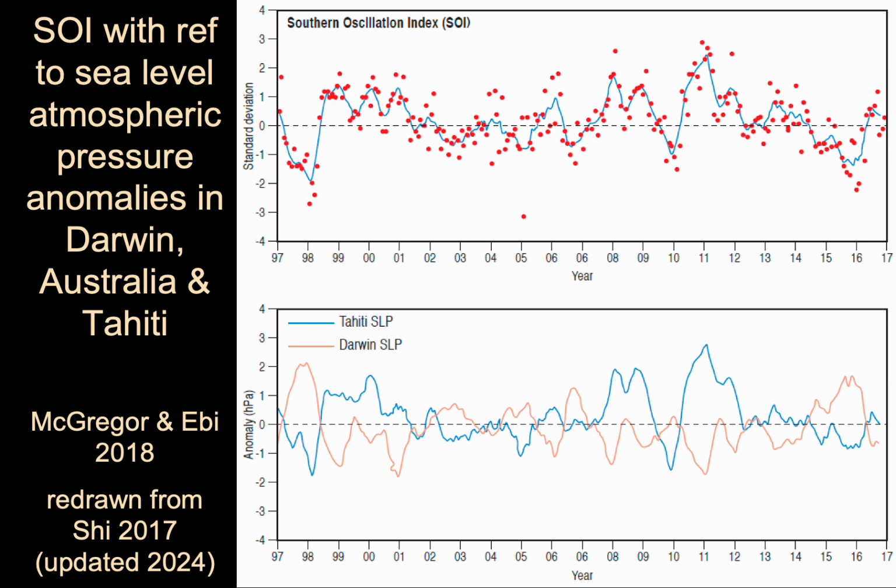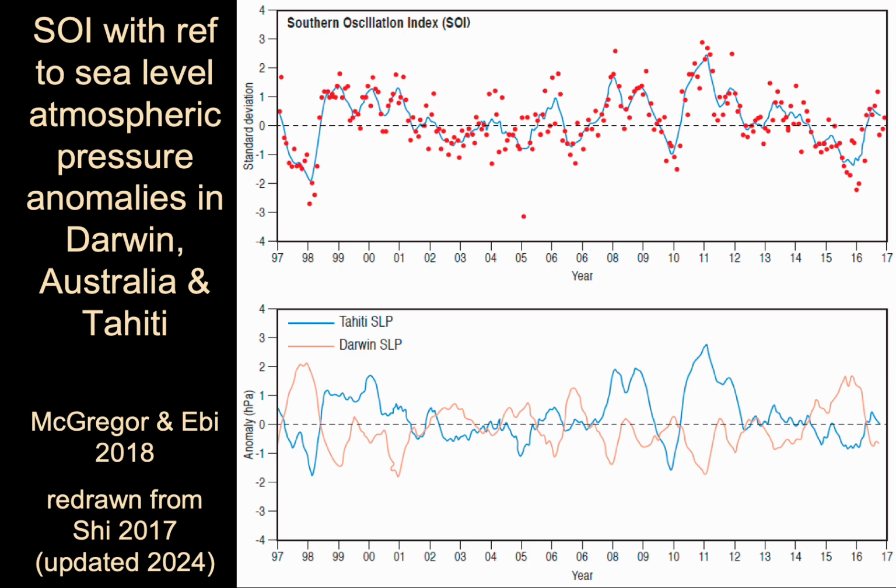And this is the variance of what's called the Southern Oscillation Index. And that's a measure of the strength of El Niño conditions, which is one of our atmospheric conditions. And so this is the difference. And this is the data from Tahiti and the data from Darwin, Australia, which are just two of the places where we measure the conditions.